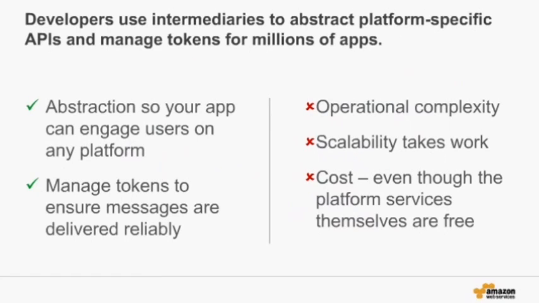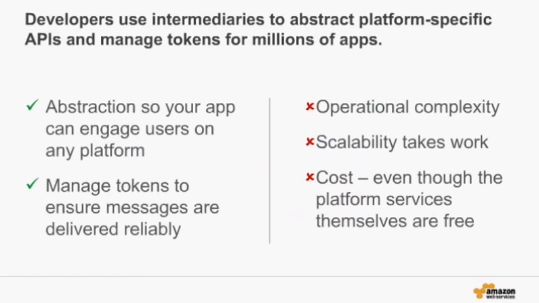But solving this problem actually introduces still more problems. Even though the push notification services from Apple and Google and Amazon are free, in the sense that they don't charge developers to use them, now you've built this intermediary service that does involve cost and does involve development and operational complexity. Plus, the scalability of that intermediary takes work.